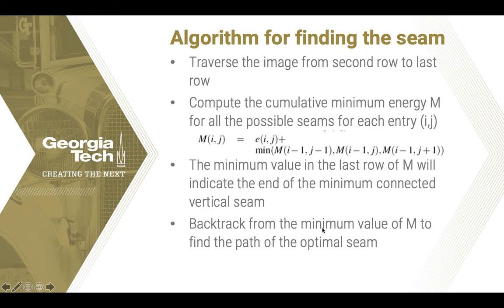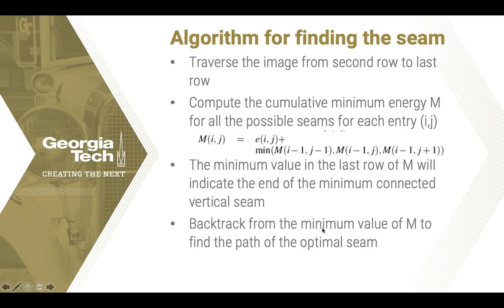So for the given pixel, you would add the energy of the pixel to the minimum of the M values on the previous row. You would find the top left, the top right, and the immediate top value of the pixel. You would take the minimum of those values and then add that to the energy.